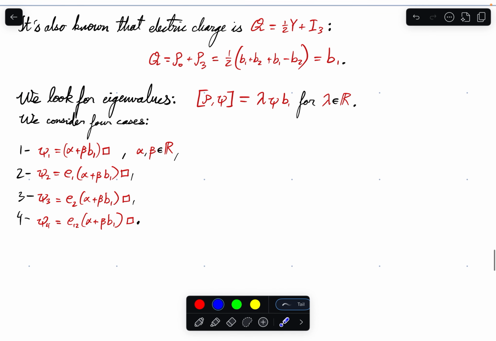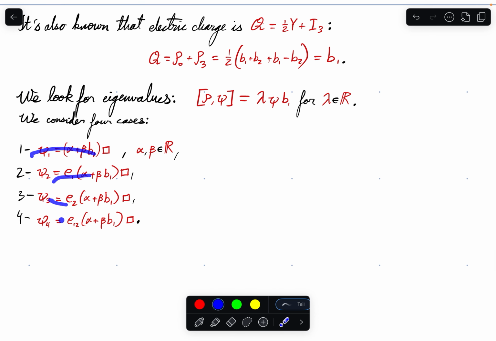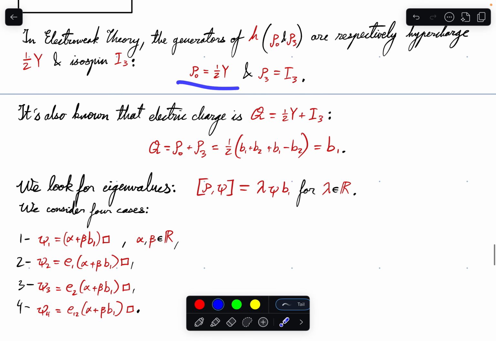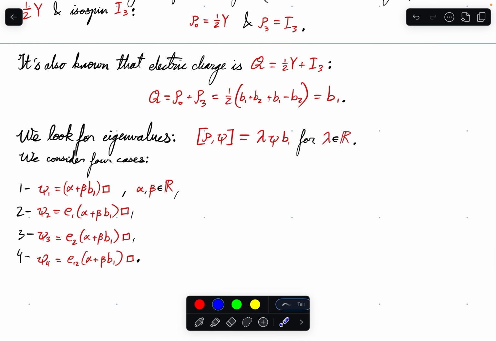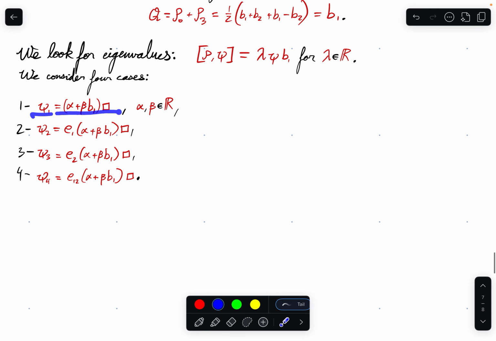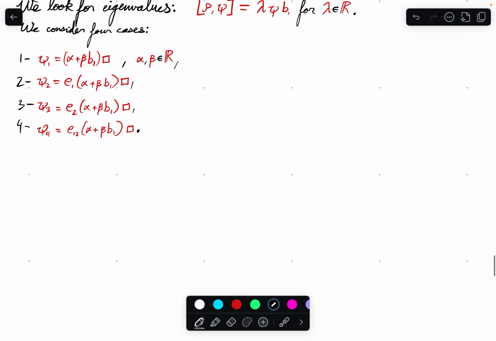Now we consider all of the eigenvalues for all of these 4 cases under rho naught, rho 3, and B1. That will be looking at the hypercharge values, the isospin values, and the electric charge values. I will calculate this explicitly for all 3 cases for Psi1. Then for Psi2, I'll only do 1 case because all of the rest follow from it. And then I'll summarize.